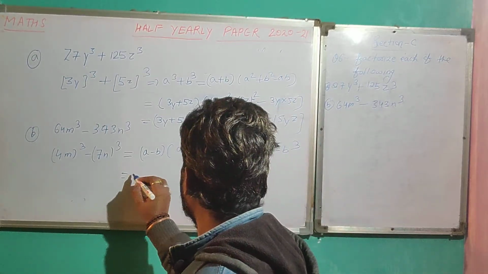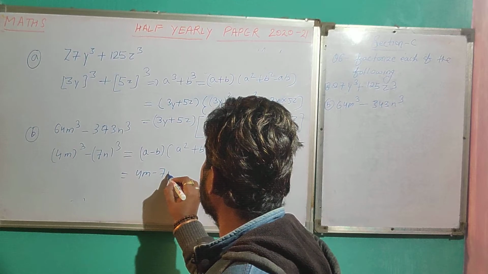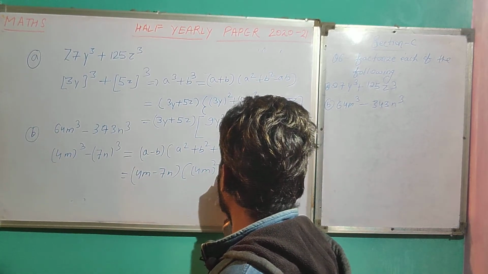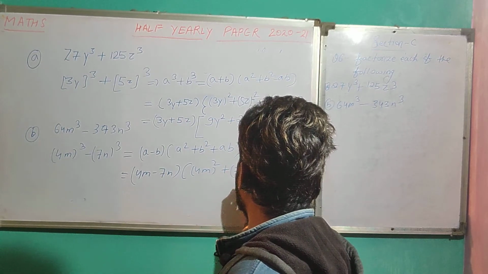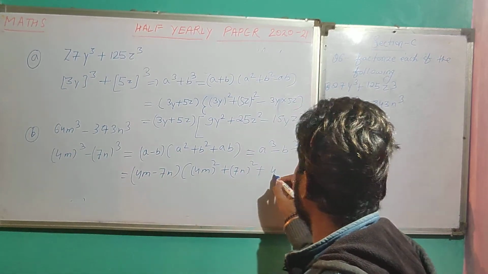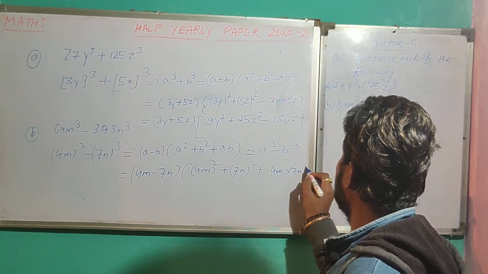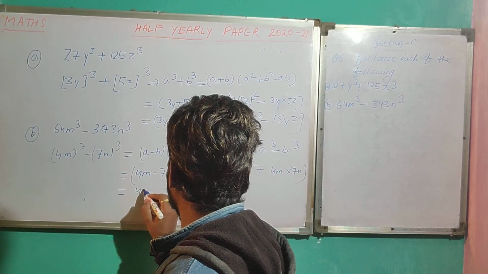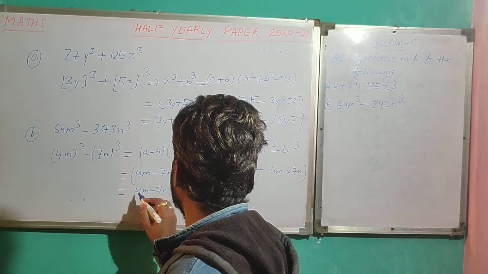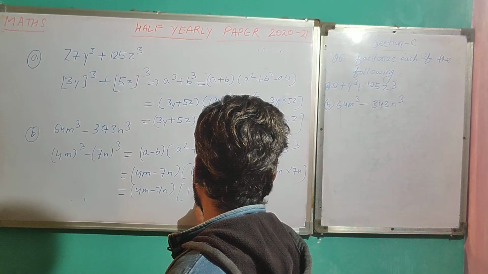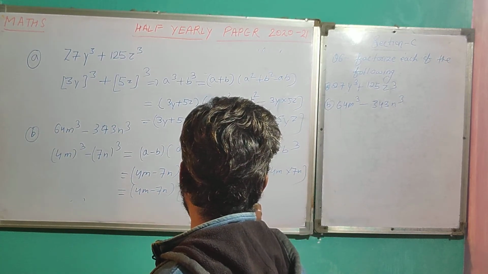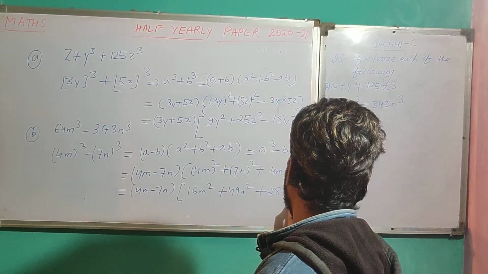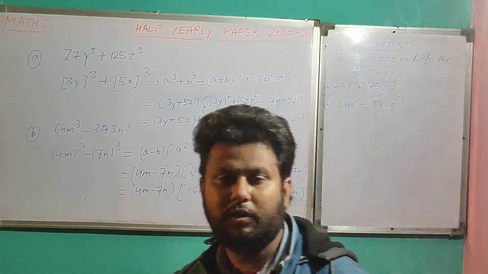Okay, so this is 4m minus 7n, (4m) square plus (7n) square plus 4m times 7n. So 4m minus 7n, 16m square plus 49n square plus 28mn. Okay, so this was the solution of this question.